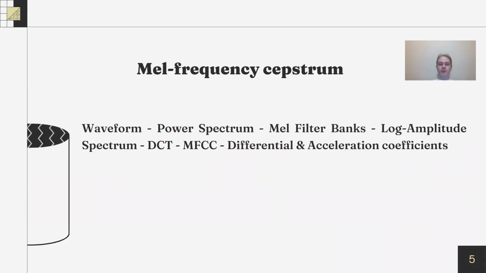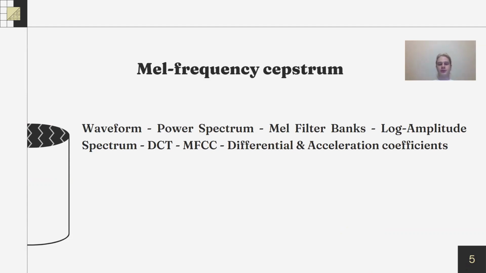So about how we actually process our samples, it is called Mel frequency cepstrum. First of all, we obtain the samples in the form of a waveform, and after that we calculate the power spectrum, which we need for identifying the frequencies present in the frames.